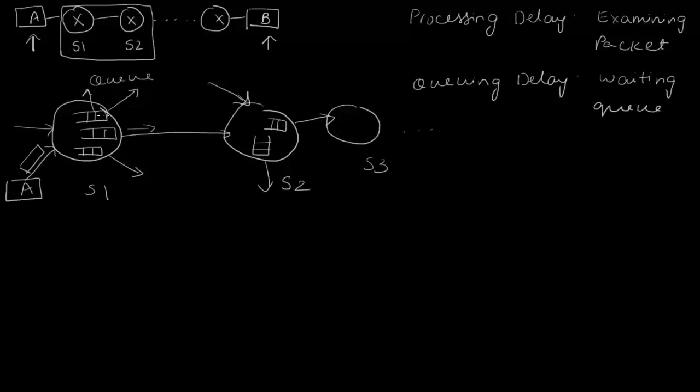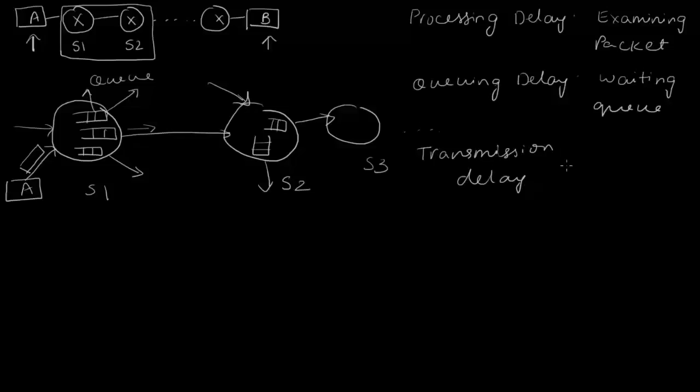After it waits for this amount of time, it comes to the head of the queue and is ready for transmission. Now when a packet is at the head of the queue, its transmission begins, and this transmission is not instantaneous. In fact, it takes some time to transmit the packet, and this is called the transmission delay.